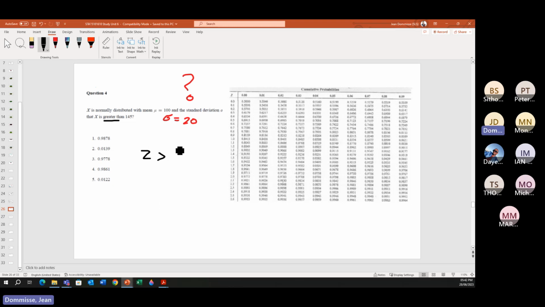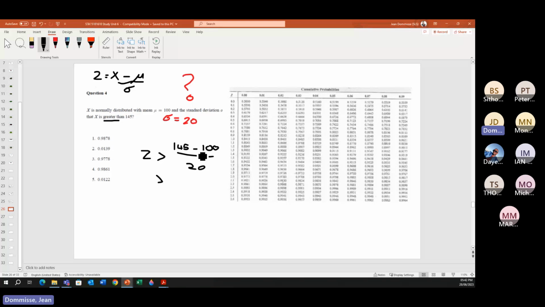And then let's see. If we look at the formula, I'll also share the formula page later with you guys. X minus, so X is 145, minus the mean, which is 100, divided by the standard deviation, that is 20.